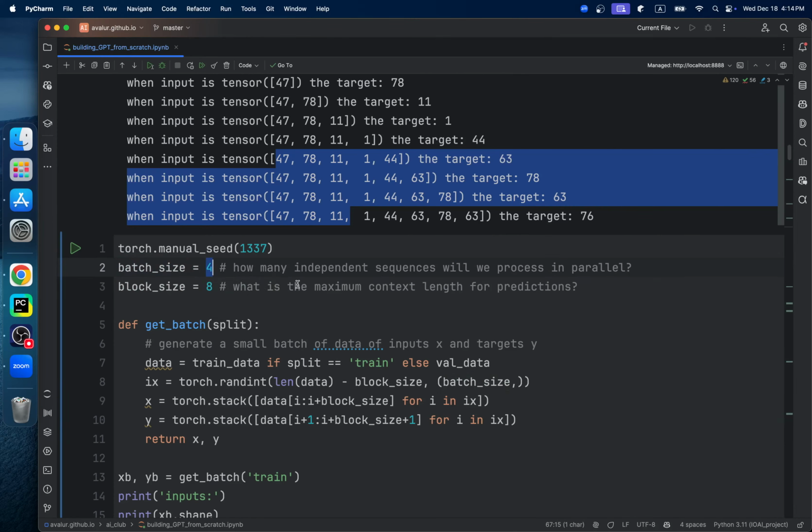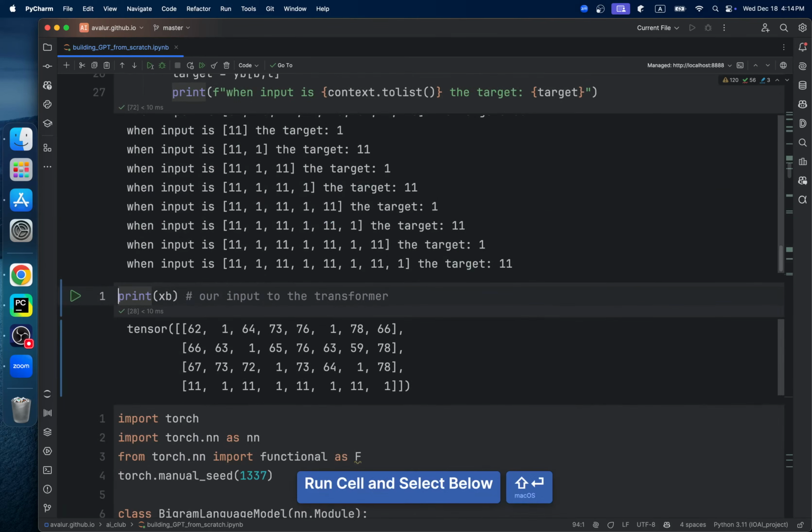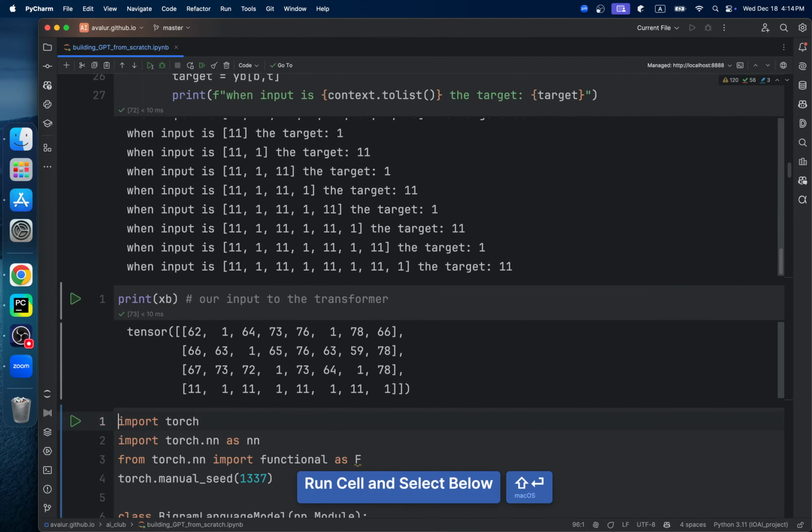Here we will use 4, again just for simplicity. So our input for the model will be 4 objects, and each object is a sequence of 8 numbers.